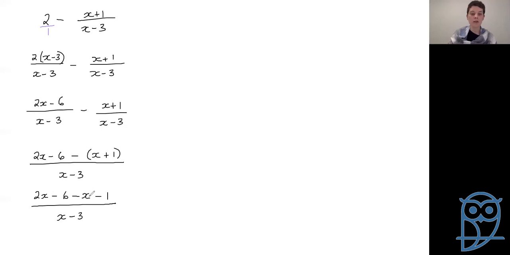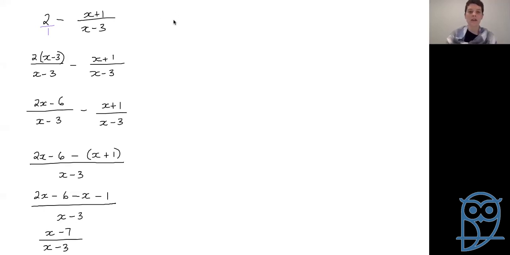Combining like terms, 2x minus x gives us x, minus 6 minus 1 is minus 7 over x minus 3. So all of this gobbledygook at the beginning simplifies all the way down to x minus 7 over x minus 3.